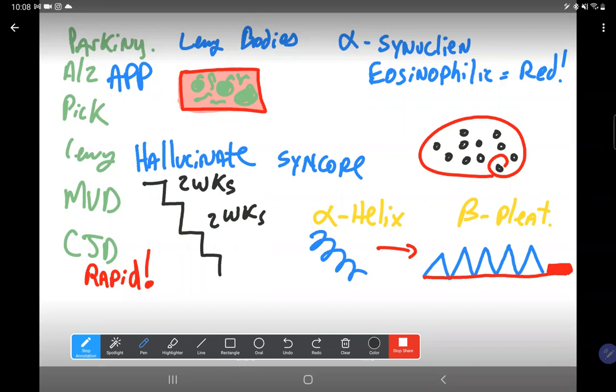Now, there's some other unique proteins that are seen. What other proteins are seen with Alzheimer's? Tau protein. Oh, yeah, tau. Tau and the neurofibrillary tangles.